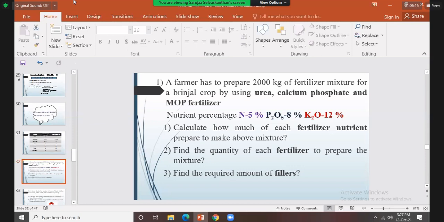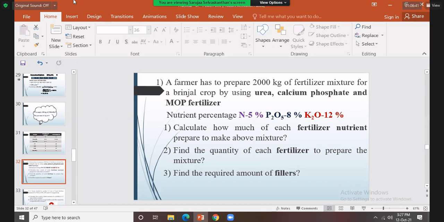Here they will give only the nutrition percentage. Nitrogen percentage is 5%. That is the nutrition percentage. And phosphorus, not P2O5 percentage, but the phosphorus available from P2O5. Phosphorus 8%, and potassium percentage is 12.